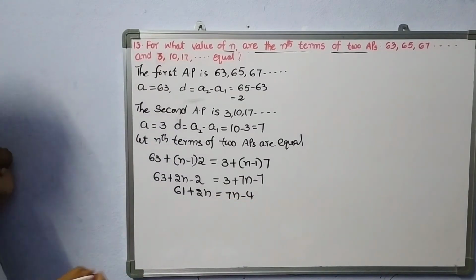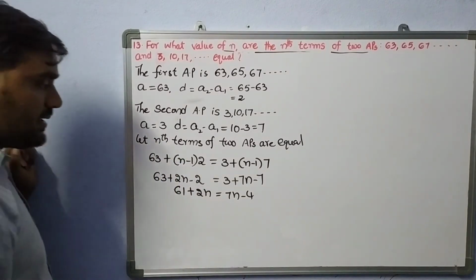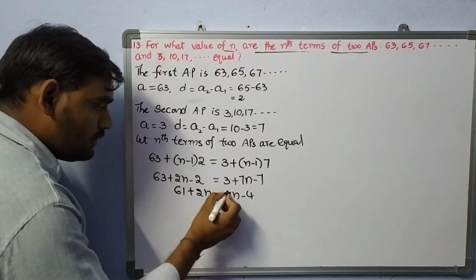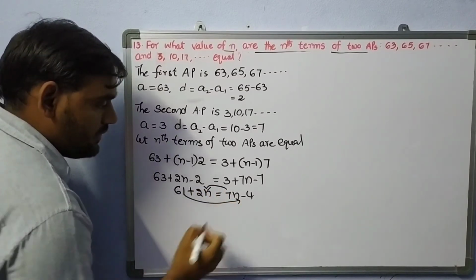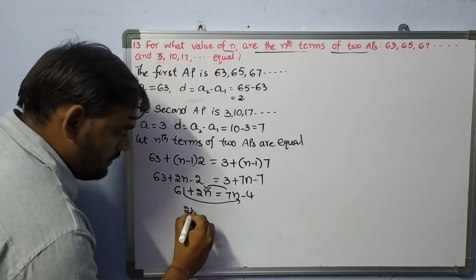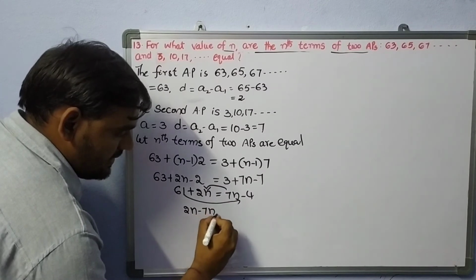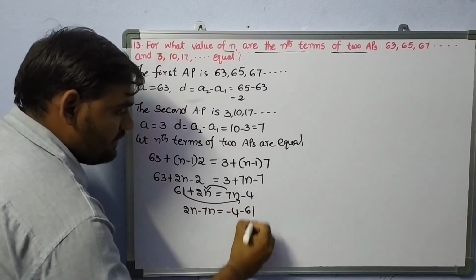After that, we need to make all variables on one side and all constants on the other side. So this can be written as 2n minus 7n is equal to minus 4 minus 61.